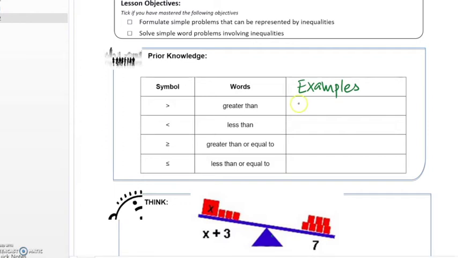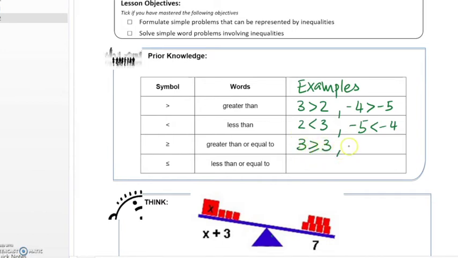So here, for example, 3 is greater than 2, -4 is greater than -5. Okay, and for the less than case, you have 2 is less than 3, and -5 is less than -4. Alright, for the greater than or equal to symbol, one possible example is 3 greater than or equals to 3.